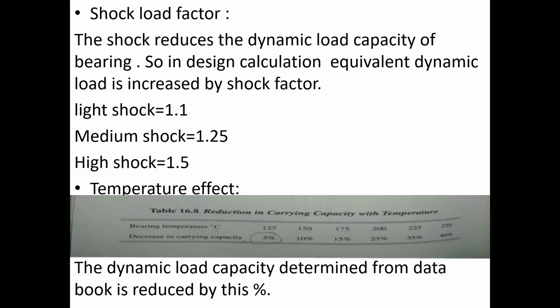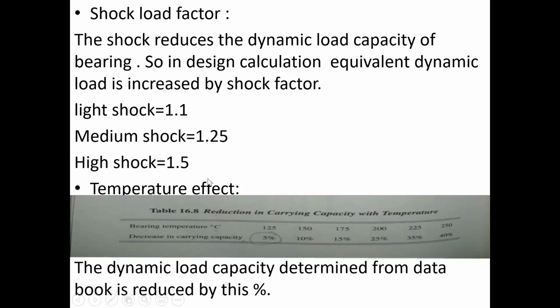Before solving the numerical, there are some factors which are of importance, like the shock factor. If there is a shock condition in the bearing, we have to increase the equivalent load by the shock factor. If there is a light shock, the shock factor should be taken as 1.1. If the shock condition is medium shock, we take the shock factor as 1.25.